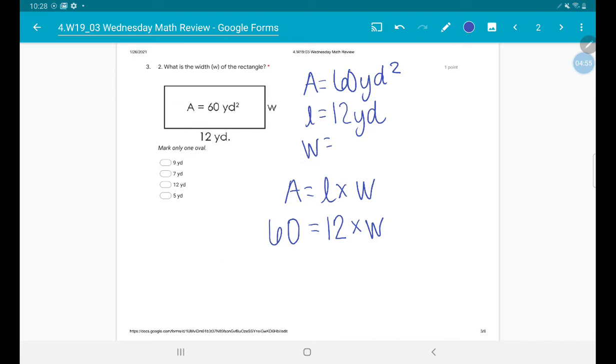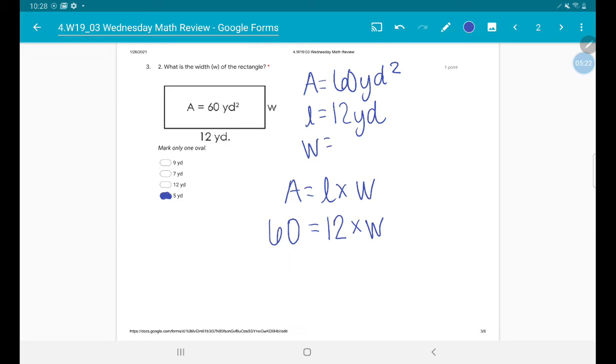So we know the area is 60. The length is 12, and I'm missing the width. 12 times what's going to give me 60, Ainsley? 5. The correct answer is 5. If I multiply 12 times 5, that gets me 60.